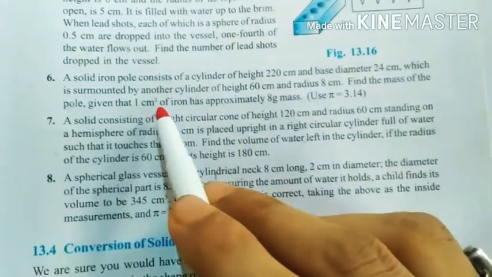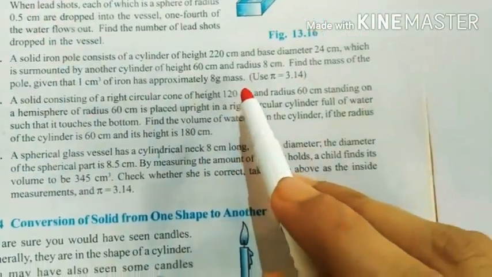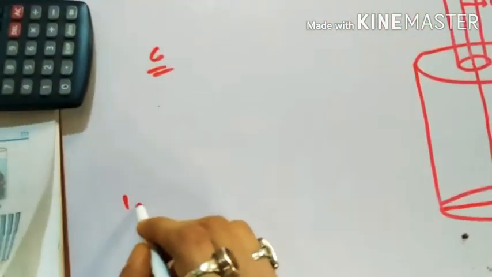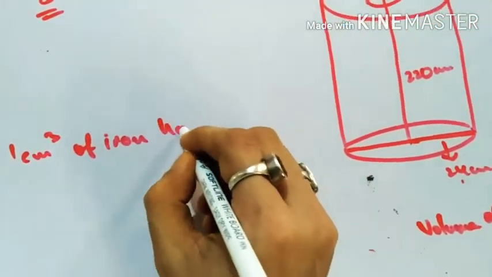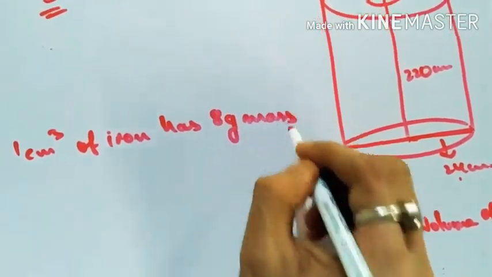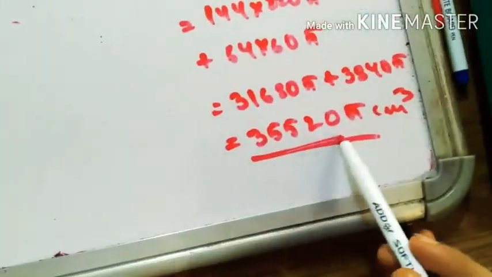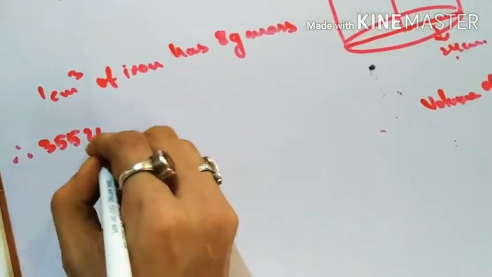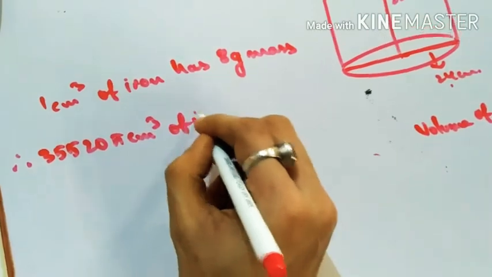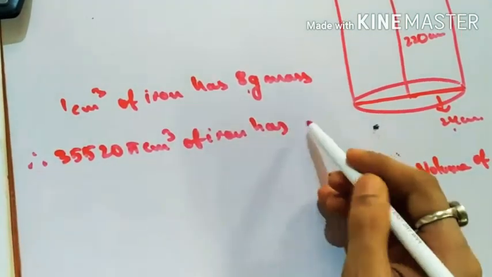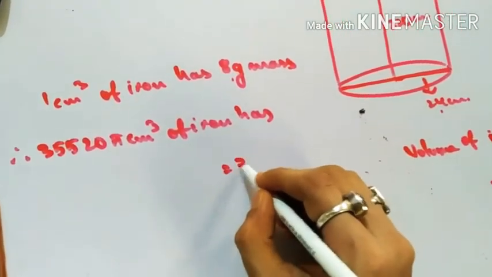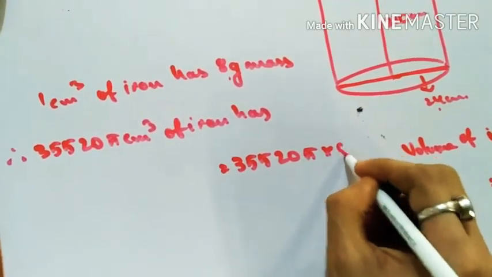Now it is saying that 1 centimeter cube of iron has approximately 8 gram mass. Therefore, 35520 pi centimeter cube of iron, how much gram will it have? If 1 centimeter cube has this much, then this much will be equal to 35520 pi into 8.